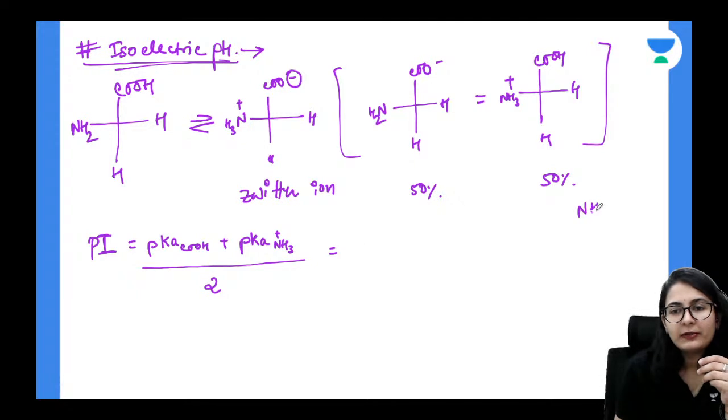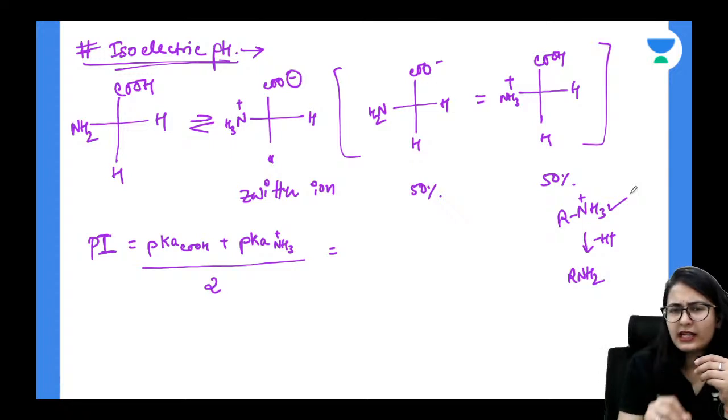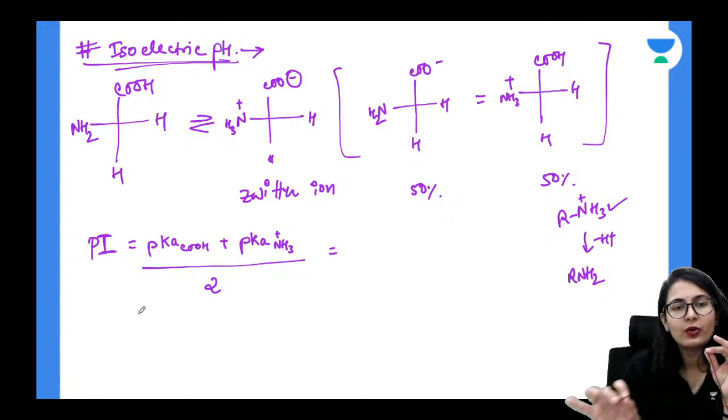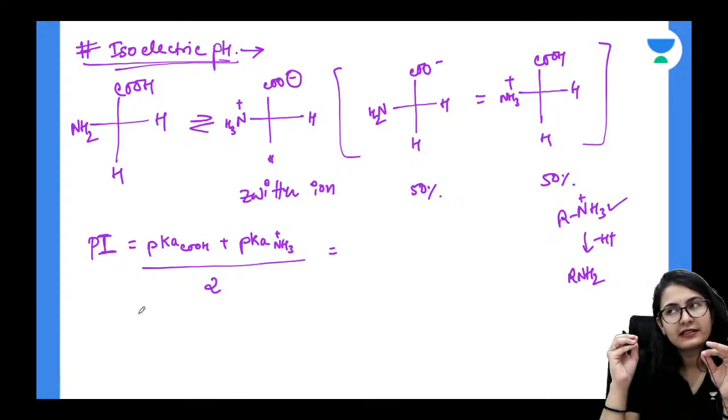Ammonium is an acid, isn't it? RNH3 can lose a proton very easily and it can become RNH2. So this is one acid, और carboxylic acid तो acid है ही. Okay, so approximately just giving you an idea कि how are we going to find out for simple acids with no side chain या फिर let's say neutral side chain, उनके लिए ऐसे निकालेंगे.